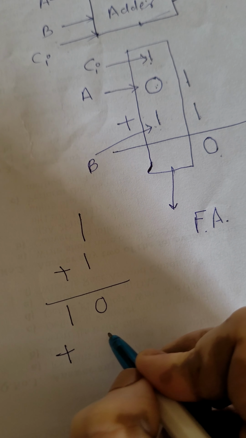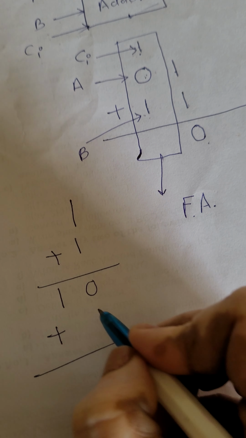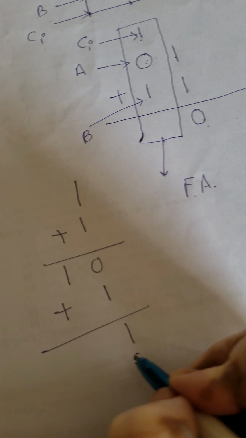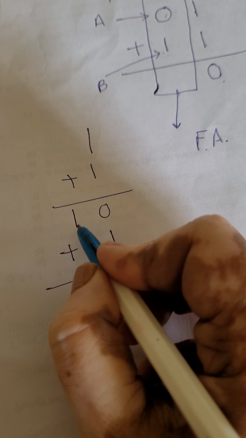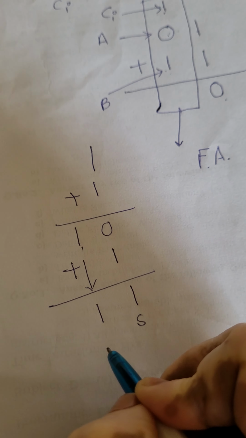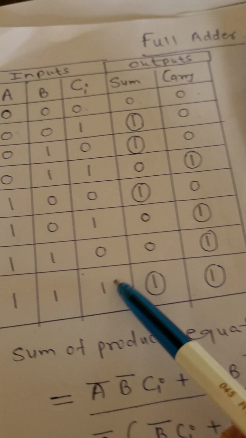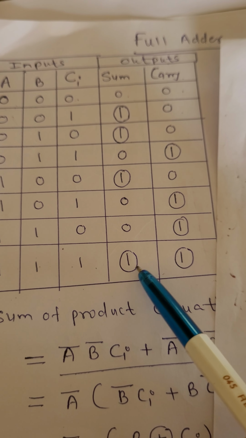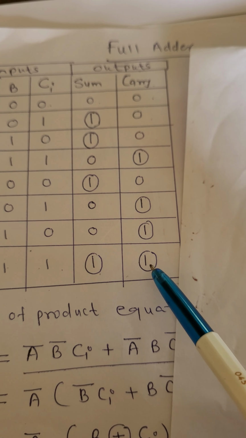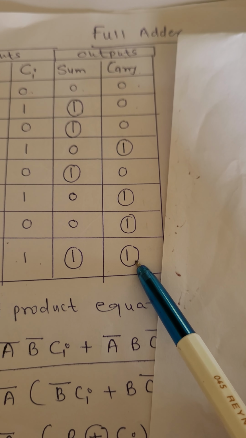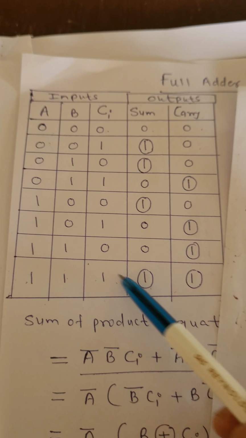Now in that you are adding one more bit over here. That's why the sum is also 1 and here carry comes as it is down. So carry is also 1. And that's why when it is 1 1 1, your sum is logic high, and carry is also high. So this is the table we have done.